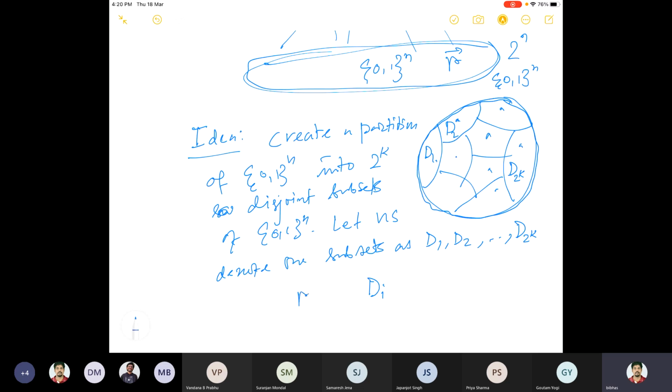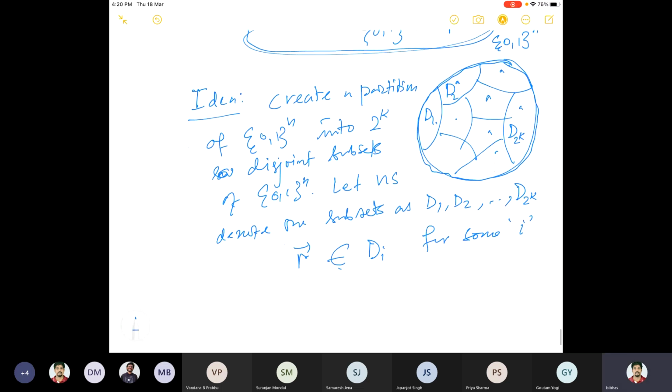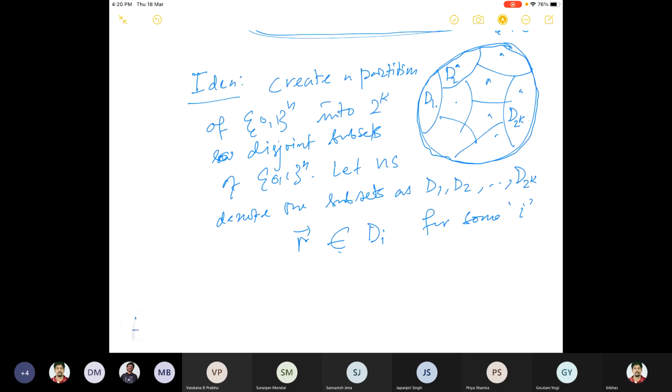Let's say I receive r, then r belongs to Di for some i. Definitely it will be there because it's an n-length sequence. There are 2 to the power k code words, and I have partitioned into exactly 2 to the power k sets.